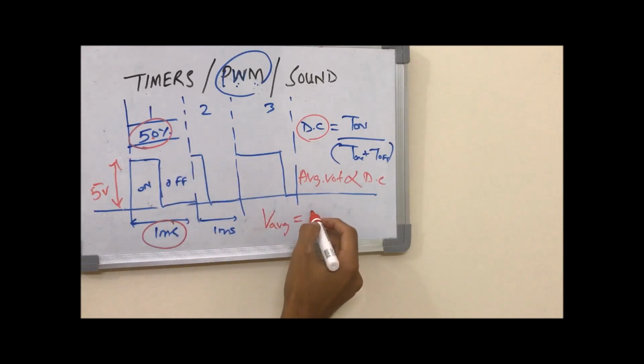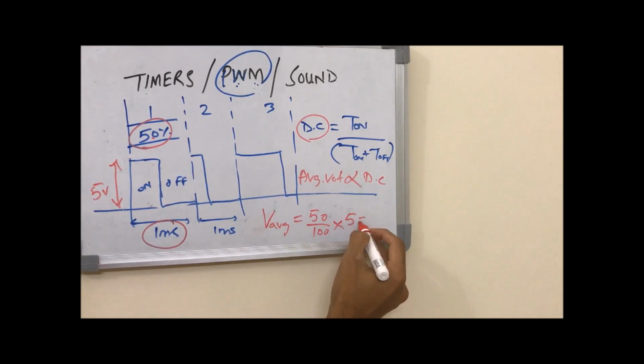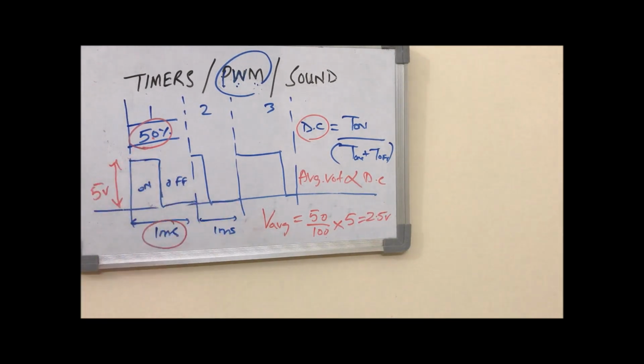So duty cycle is 50%, maximum value is 5 volts, which will come as 2.5 volts. So exactly half of this one. So this is the significance of PWM duty cycle, that you can control the average voltage, and by controlling the average voltage you can actually control your system, maybe your motor or your sound or the intensity of the light, which we are going to see practically now.